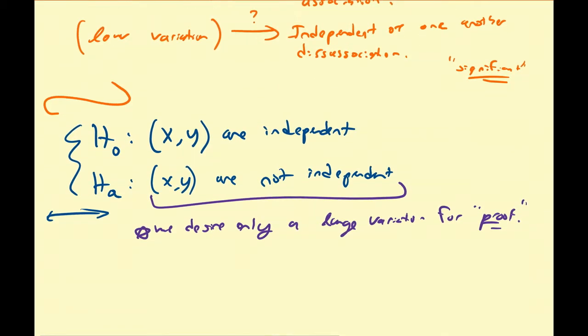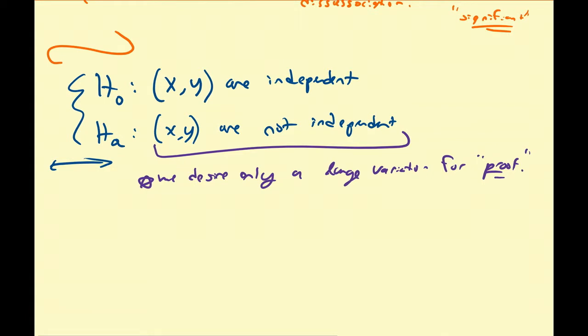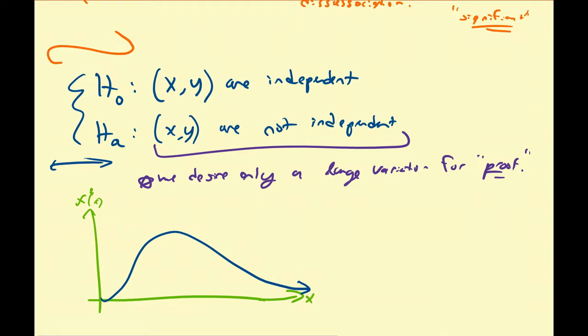So let's look at our distribution to get an idea of how we're going to conduct our hypothesis test. This is going to be our chi-square X axis, and here's our chi-square distribution. We are only going to reject the null hypothesis if we can get values in the upper end of the spectrum, not necessarily in the lower end, because we want large variation here.